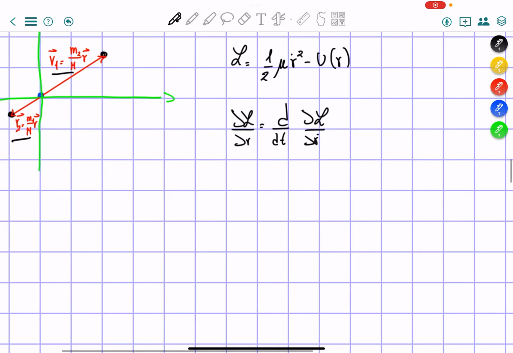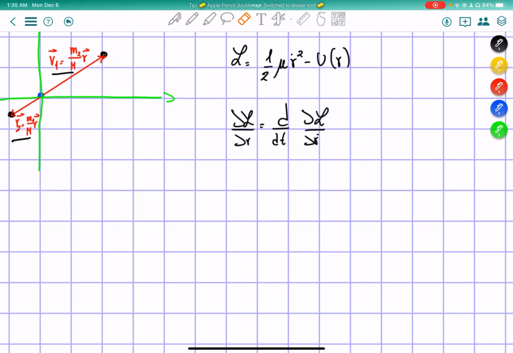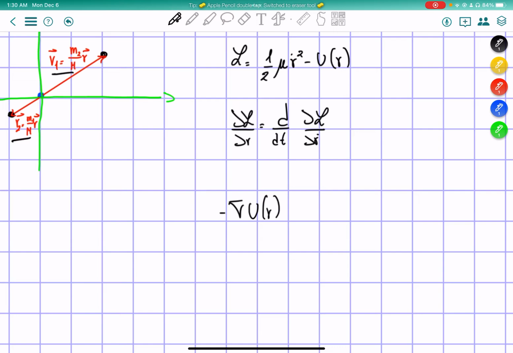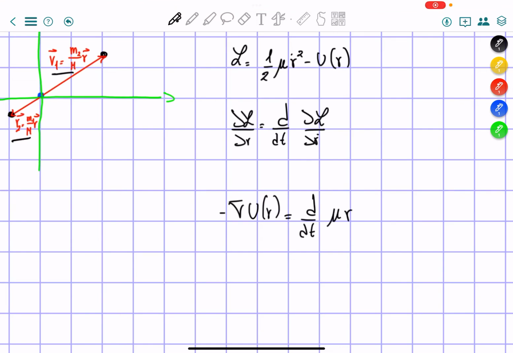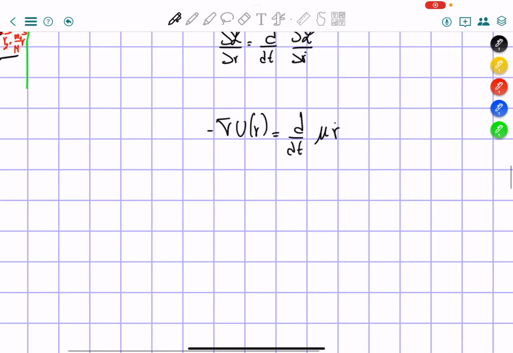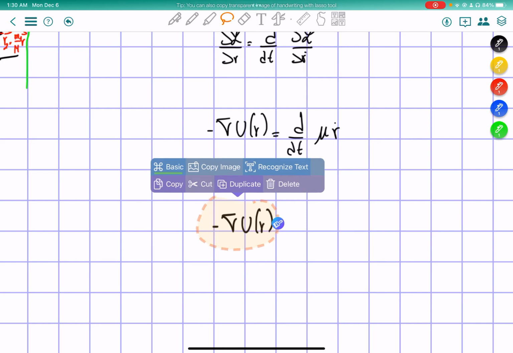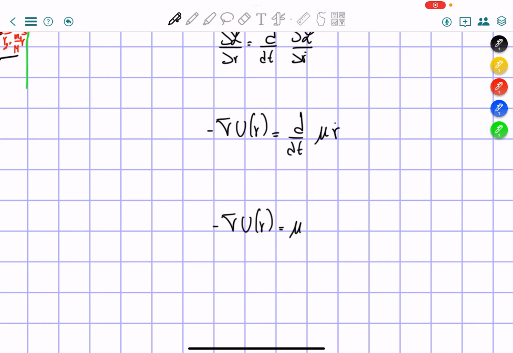On the left, we're going to get the derivative of negative u of r, which is equal to negative divergence of u of r, and that equals d over dt of mu r dot. If we derive this, then for the left side we get the same, and it equals mu r double dot. As you can see, we just derived what the book is saying.